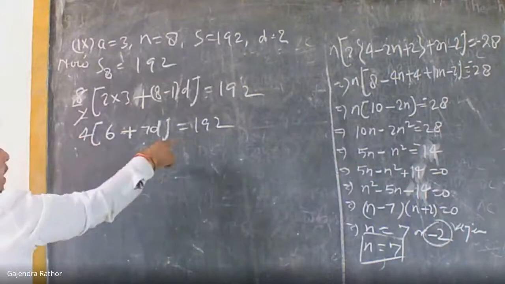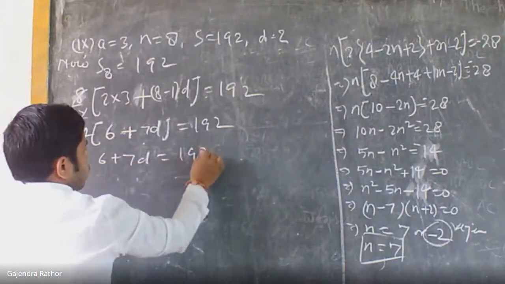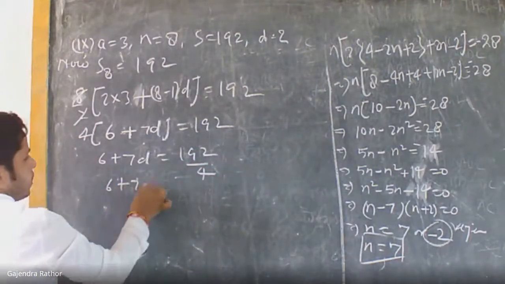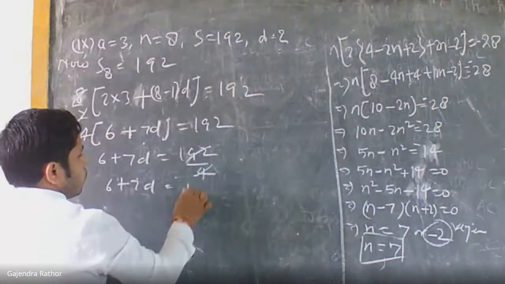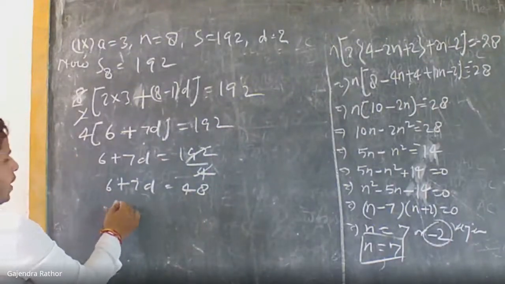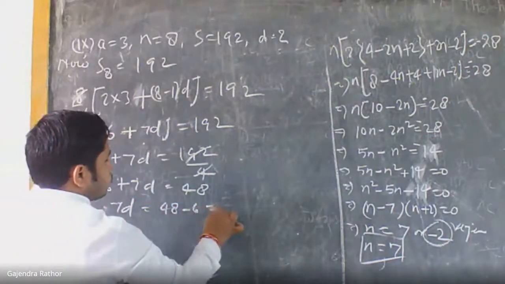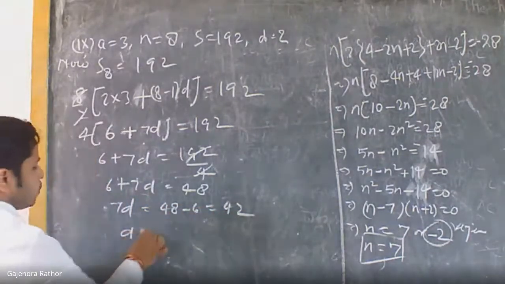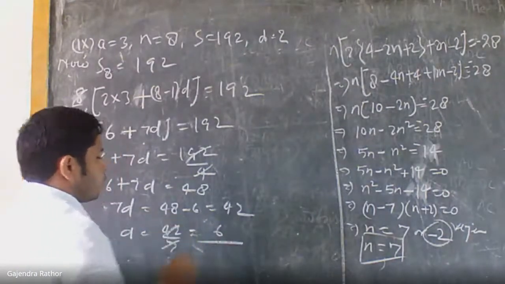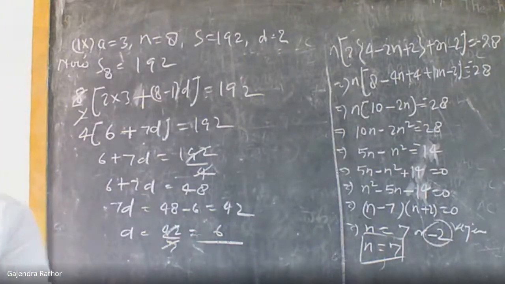Next, transpose the 4, remaining 6 plus 7d is equal to 192 divided by 4. 6 plus 7d is equal to 48. Next, transpose 6: 48 minus 6 is equal to 42. So d is equal to 42 divided by 7. 7 6s are 42. So the value of the common difference is 6.